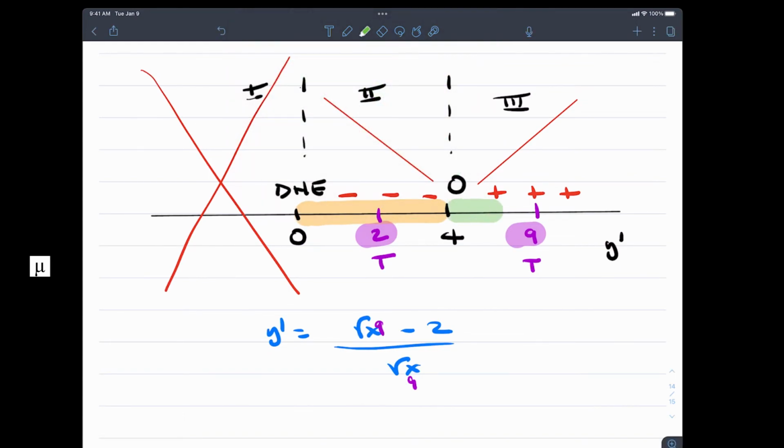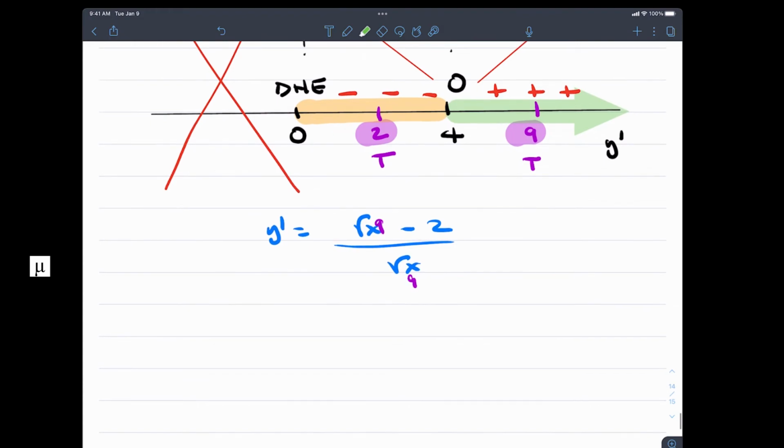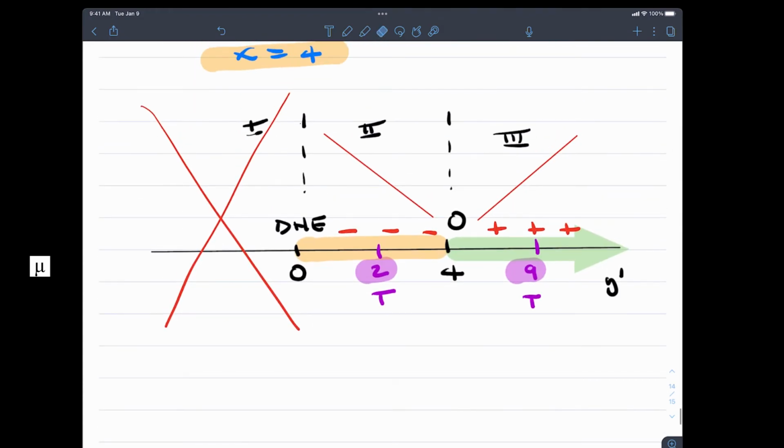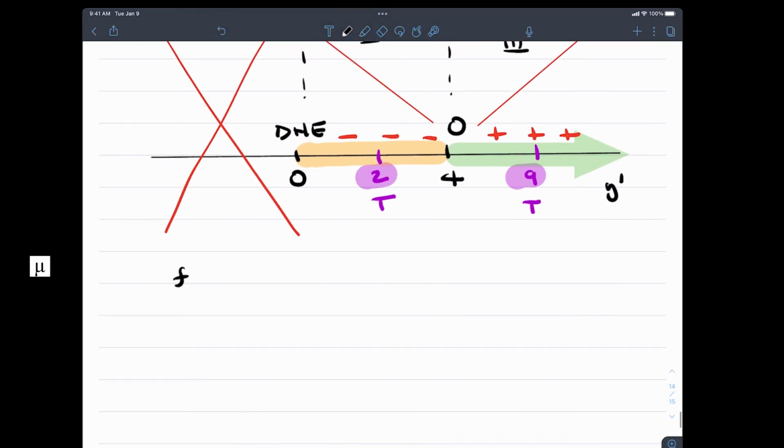All right, let's answer a question here. Let's do the conclusion here. So you can see some more work here. Here's your conclusion. What's the story? What do we say? The function f is what? Where is f decreasing? 0 to 4?